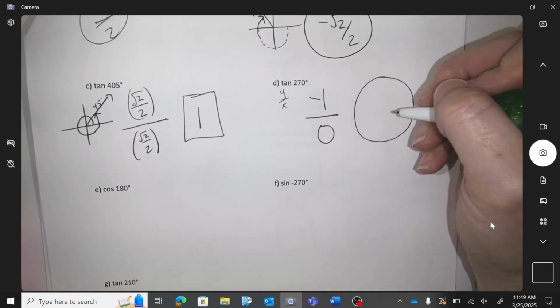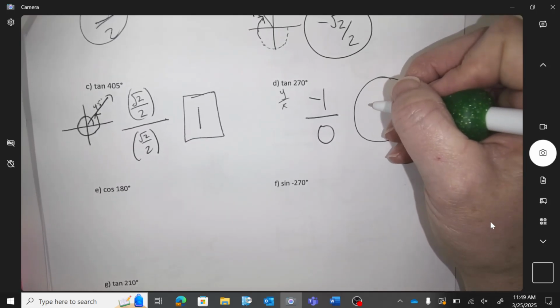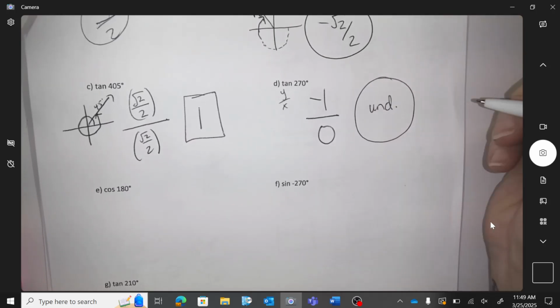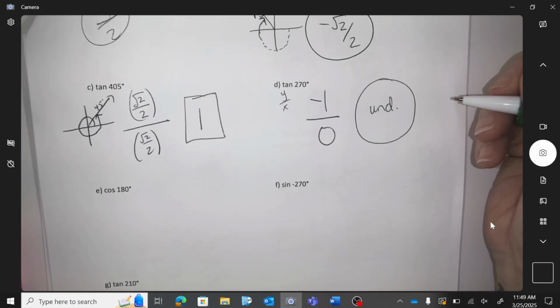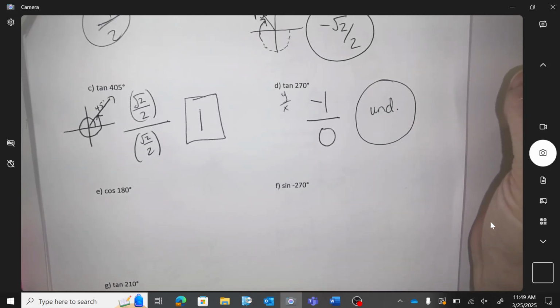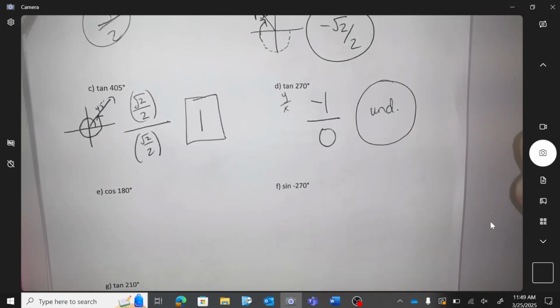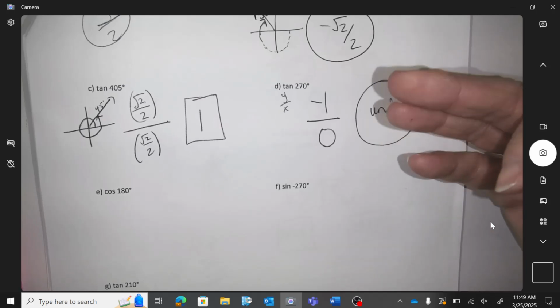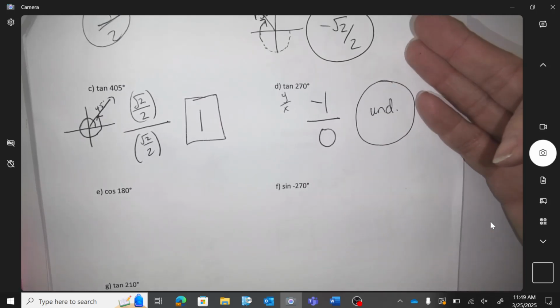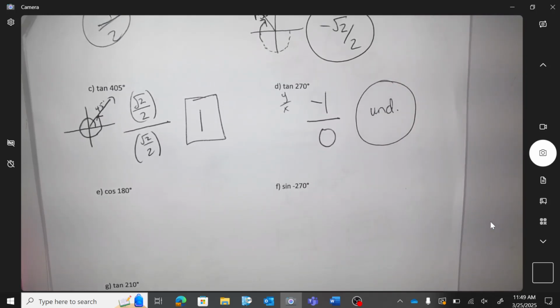Which value do you think that's going to be? Your answer should have been that it's undefined. Okay, so do you see the difference of when I wrote no solution before? Because I was trying to solve for something. Here, I'm not solving for anything. I'm trying to get a number, just a number. Like how you would do 4 times 5 is 20. I can't come up with a number like that. So it's undefined.